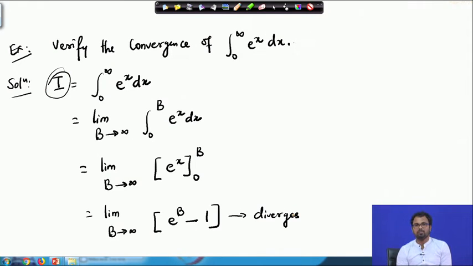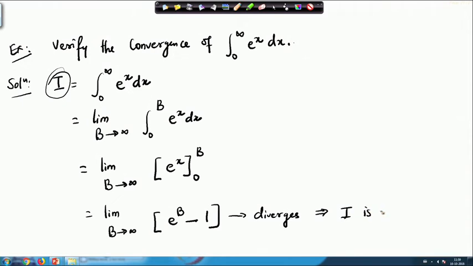So, it is not converging to any finite number, or the limit does not exist, and therefore, our integral I is divergent, or it doesn't exist. So, you see, just by playing with the limits, the same integrand can be shown to be divergent. All right.